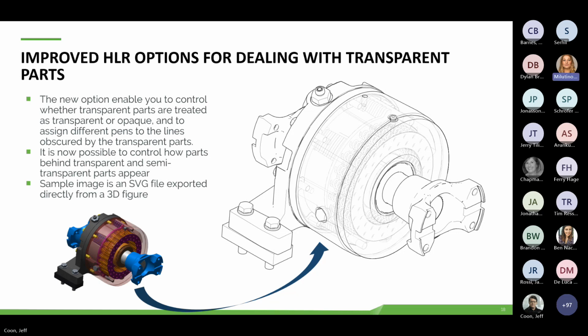Arun Kumar says, call out and hidden geometry doesn't get displayed in SVGZ file with Creo 8.1. Is there any HLR option to show the call out for a hidden part? No, because the call out is actually a visible property of the part. So if you've hidden a part, its call out by default disappears.